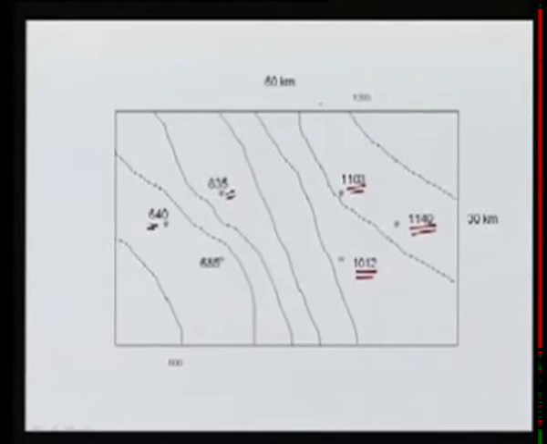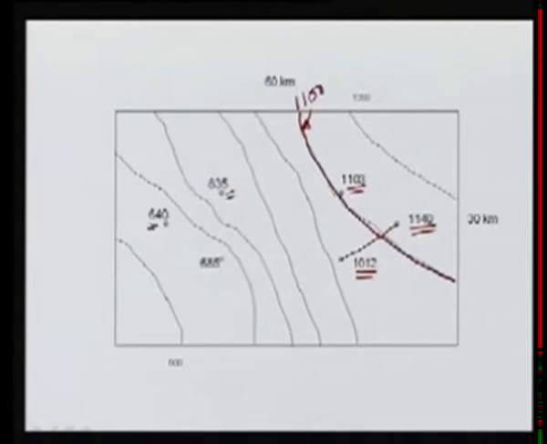For example, we can draw a line which represents 1100 millimeters of rainfall. So that line will pass very close to this point 1100. Similarly, if we join these two gauges, we can estimate that the 1100 point will be somewhere here. So we can draw an isohyetal line which will represent rainfall of 1100 millimeters.